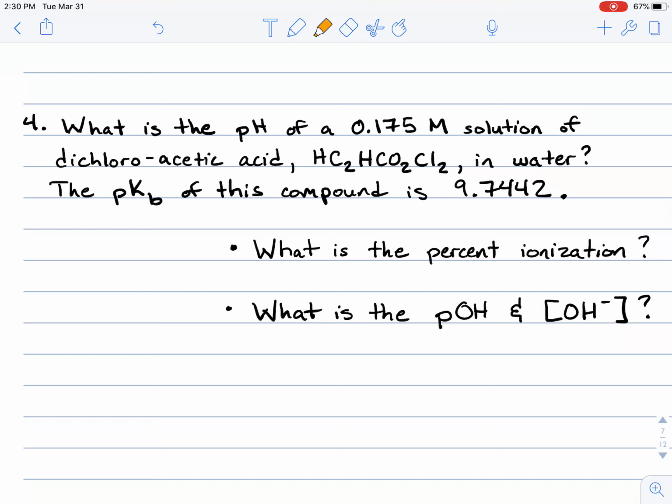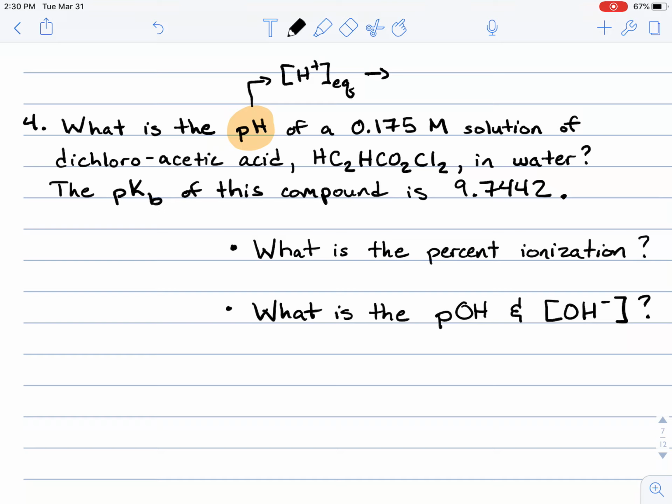And since we're trying to solve for the pH of the solution, we need to determine the concentration of hydrogen ions at equilibrium. To do so, we need to solve for the value of x.